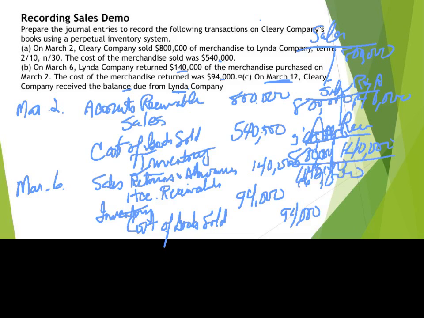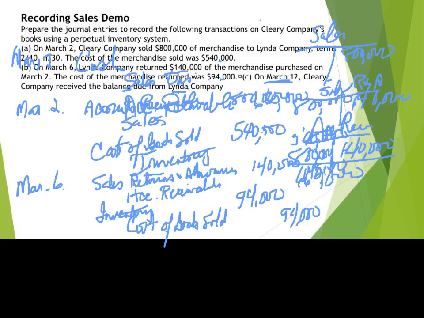So therefore, in this transaction, March 12th, I'm going to receive cash. She's going to cancel her accounts receivable, Linda Company, and that's going to be a credit of 660,000. Now they're going to take a sales discount.